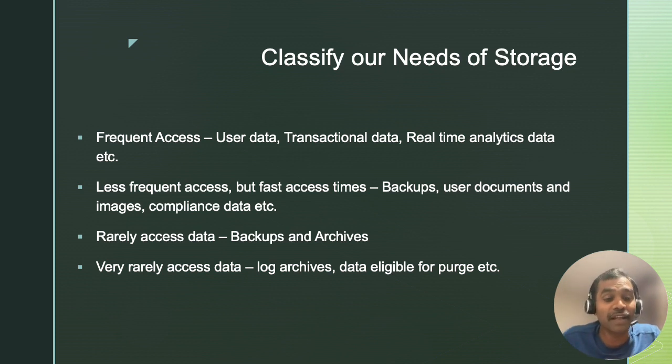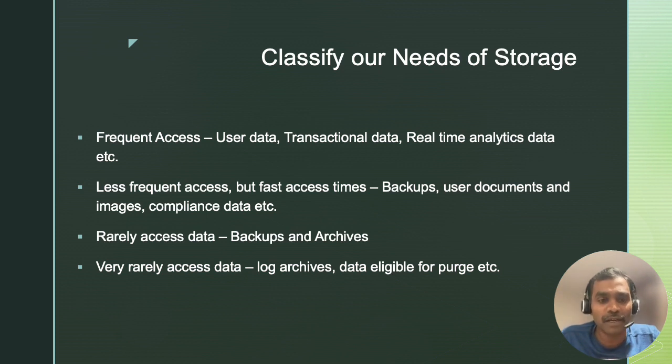Rarely accessed data and very rarely accessed data are a bit the same. These data we won't access very frequently. It's rare access data. What kind of data is it? Logs, backups, or data that are eligible to be purged.